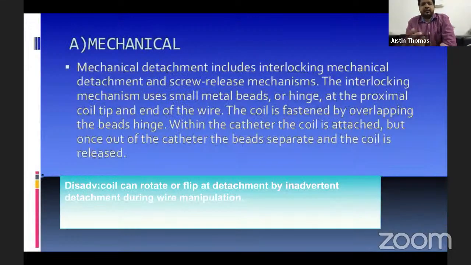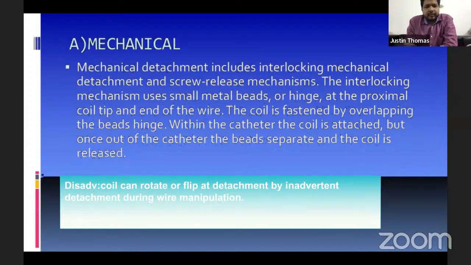So what is the mechanical detachment of detachable coils? It includes the interlocking mechanical detachment with a screw release mechanism. The interlocking mechanism uses small metal beads or a hinge at the tip of the coil and at the end of the wire, and the coil is fastened by overlapping the beads or hinge, and within the catheter the coil is attached.